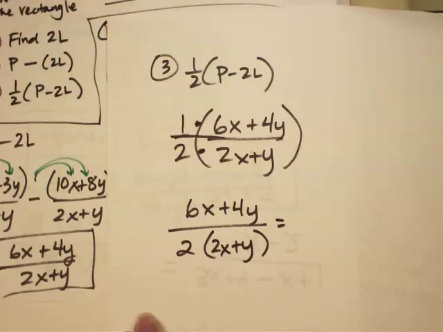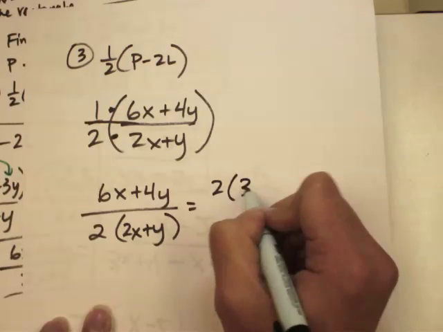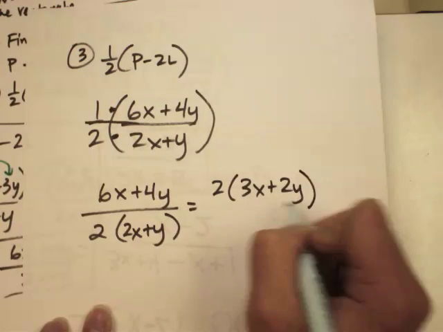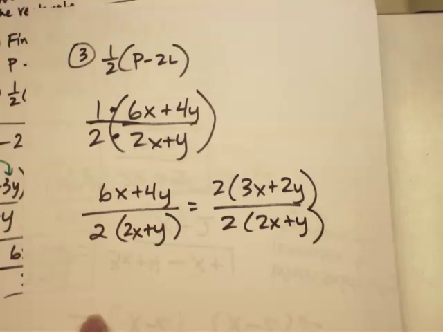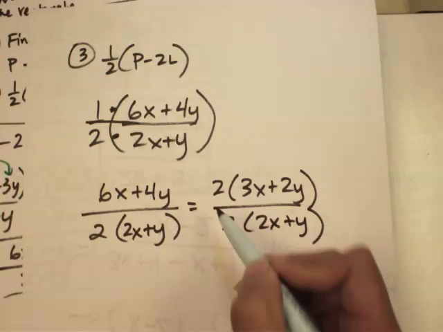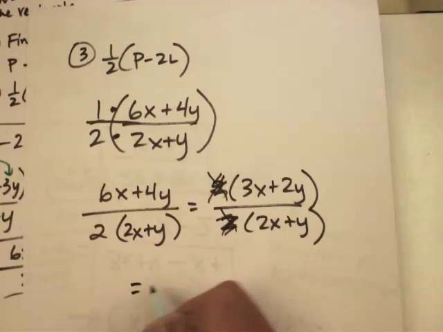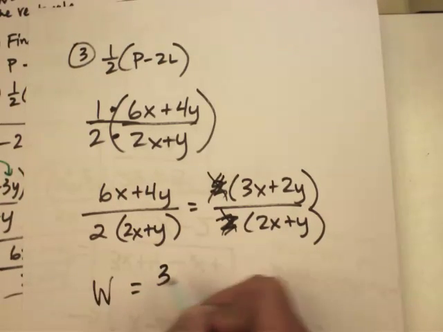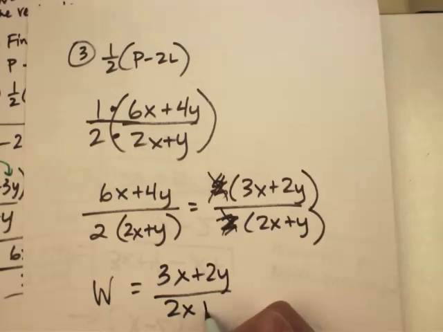Looks like there's a GCF of 2. So we have 2 times 3x plus 2y all over 2 times 2x plus y. Okay, common factors on the top and the bottom, so we can cross those out, and your width will be equal to 3x plus 2y all over 2x plus y.